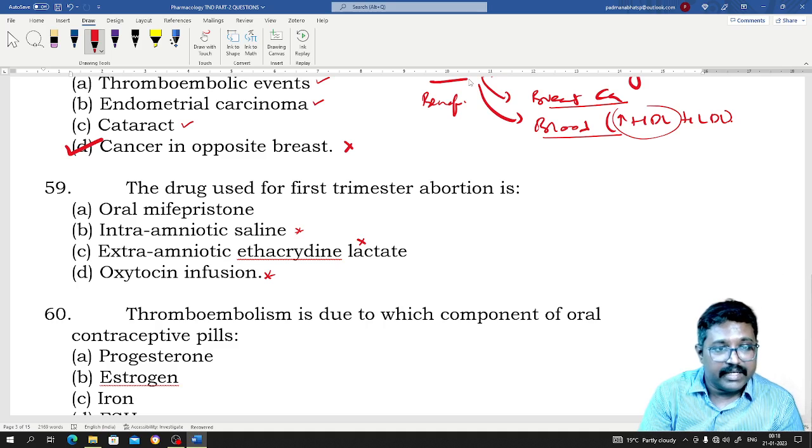These can be options for abortion, but not for first trimester abortion. So for first trimester abortion you will be using oral mifepristone. Oral mifepristone is the drug which is preferred in case of first trimester abortion. Is that clear? Okay, fine.